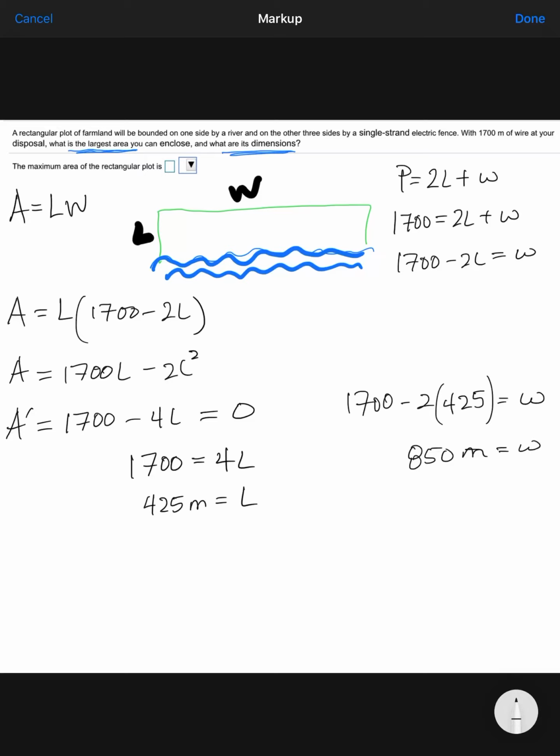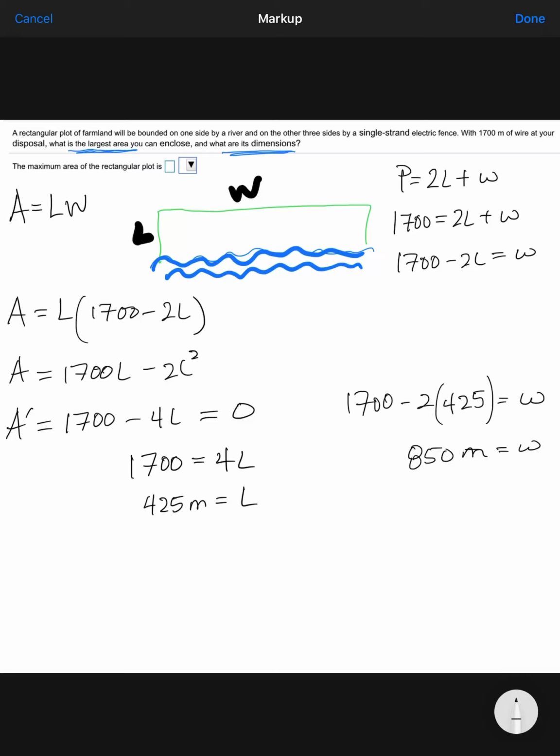So we got the desired units. We got the desired answer to what the problem is. We got the dimensions. The length is 425 meters. Width is 850 meters.